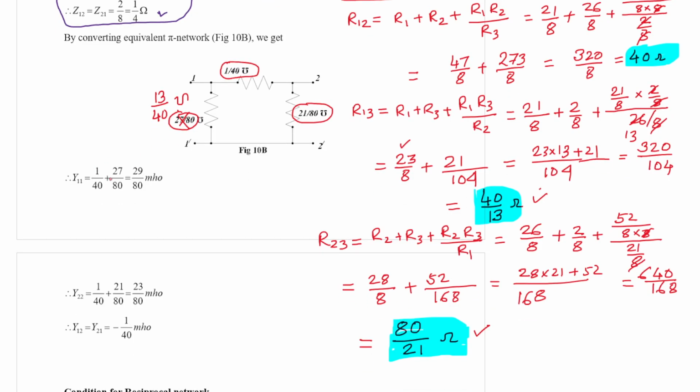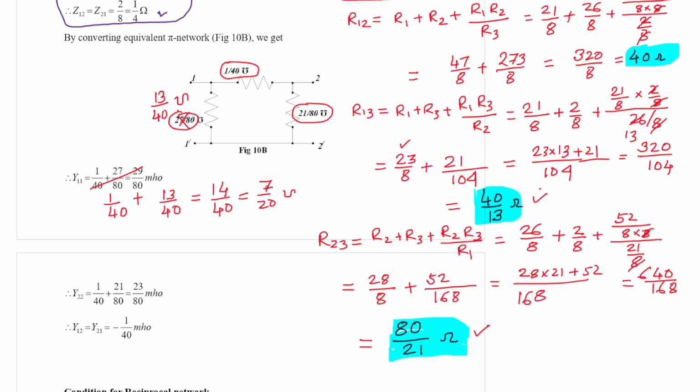So you can directly now write Y11. Y11 is equal to 1/40 plus 13/40, so it will be 14/40 or 7/20 mho. That is Y11. What is Y22?